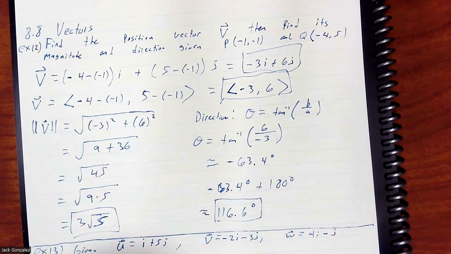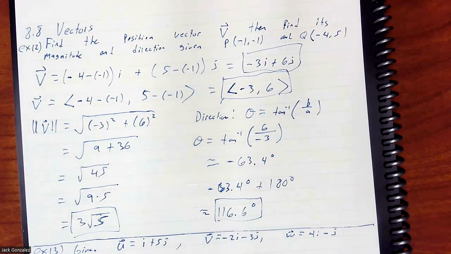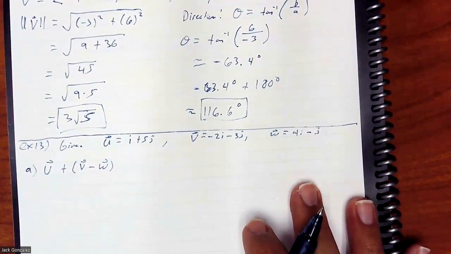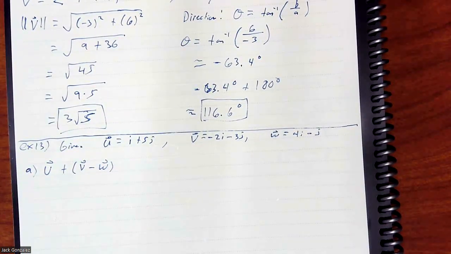Given these three, for part A, find u plus v minus w. Find that new vector. So just add and subtract all the corresponding components. You should be good.